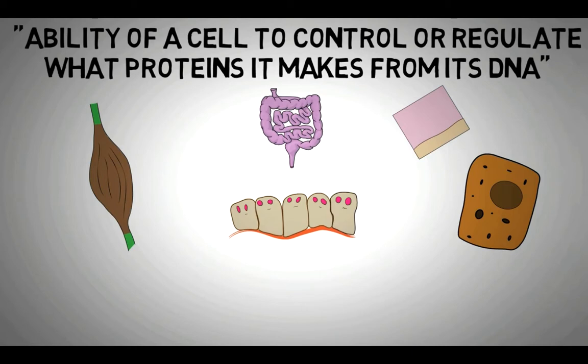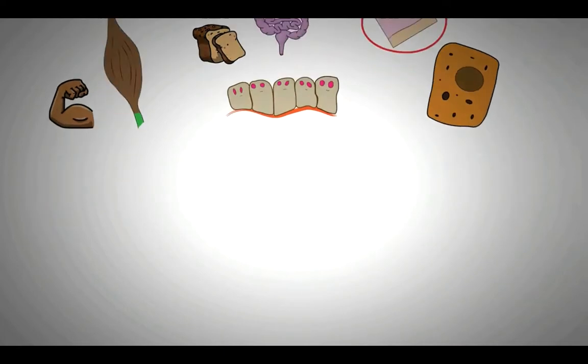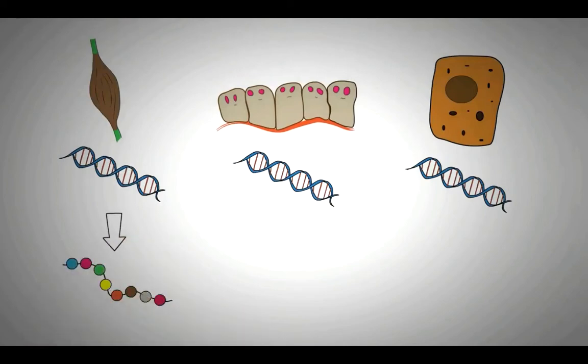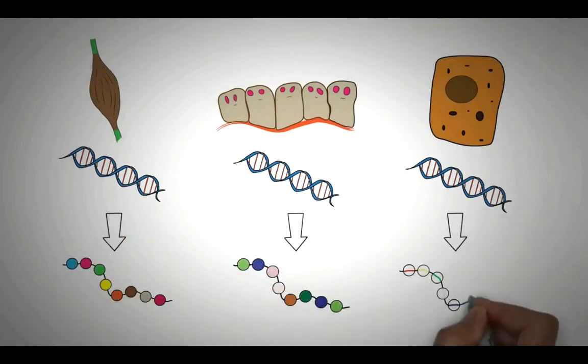All these cells are different in shapes, sizes, and functions as well. The myocytes' main job is muscle contraction, enterocytes produce enzymes for food digestion, and keratinocytes form a barrier known as skin. All these cells contain the same DNA in them. However, they are different in size, structure, and function due to the different proteins they produce.